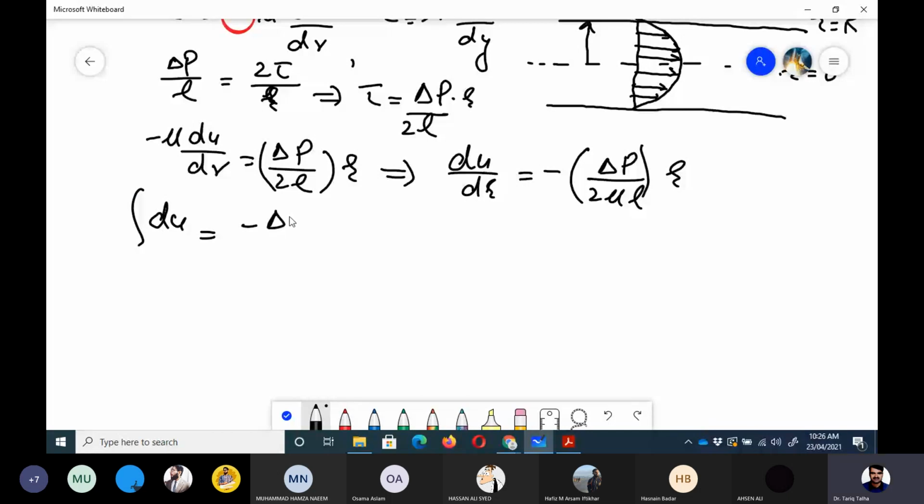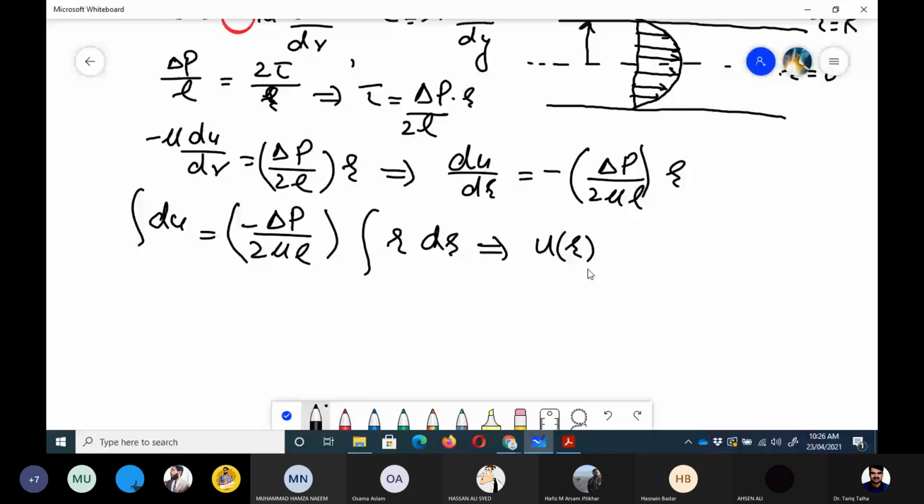Now minus delta p upon 2 mu L is a constant value, so we take it out of the integration, and r into dr. If we integrate it, we can write u, which is a function of r, equal to minus delta p upon, now the integral of r would be r square by 2, so that 2 would be multiplied here, so it would become 4 mu L, where mu is viscosity.